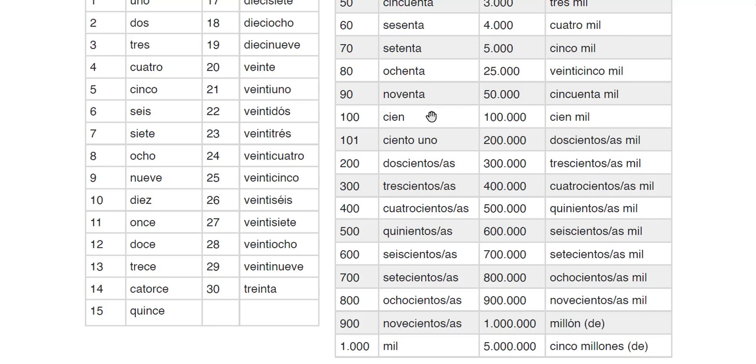When we get to 200, we say doscientos. Okay, so 200. You'll notice that 200 has a slash AS. With the hundreds, if you are counting items, chairs, for example, sillas, and you had 200 chairs, you would say doscientas sillas. Right?